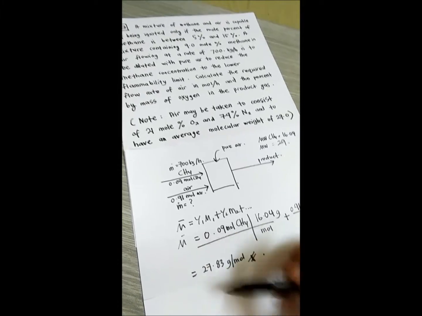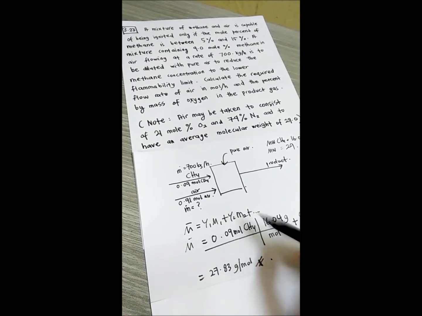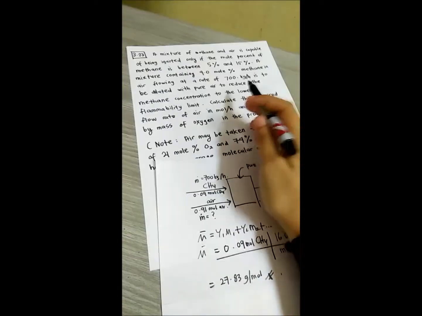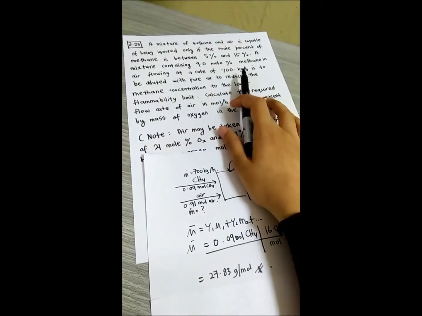Now that you have this value, you can use it to convert the flow rate of methane to kilomole per hour.